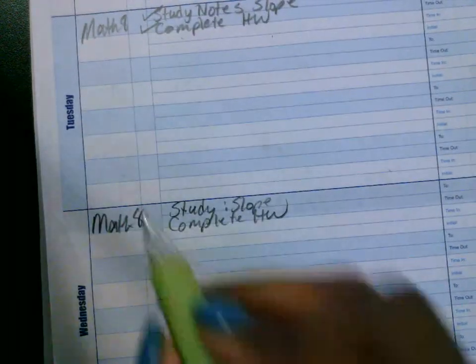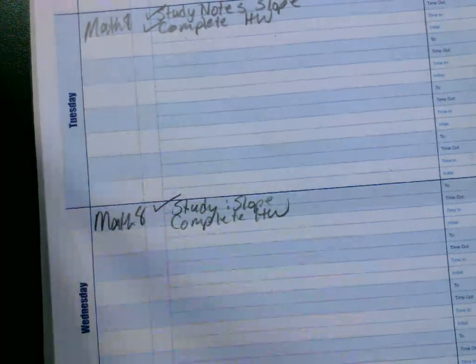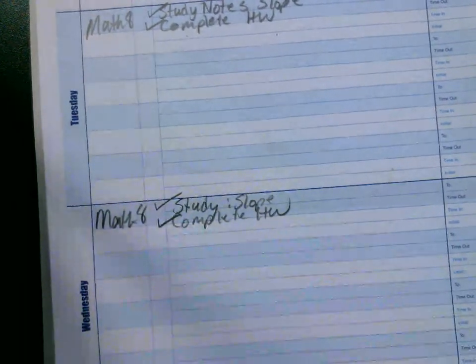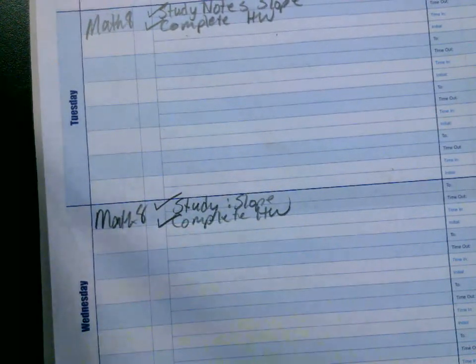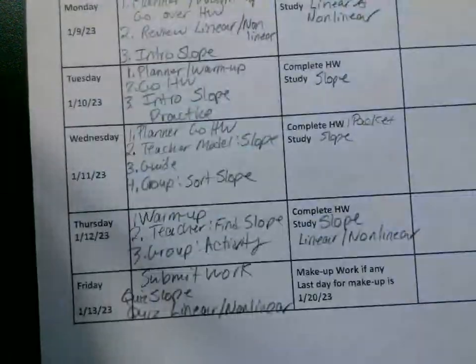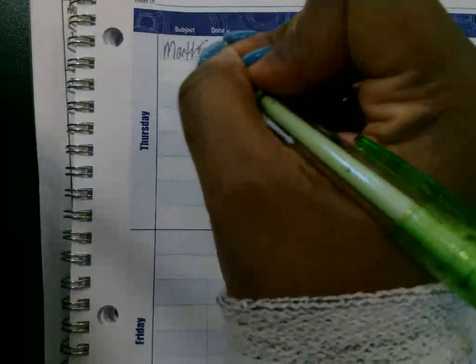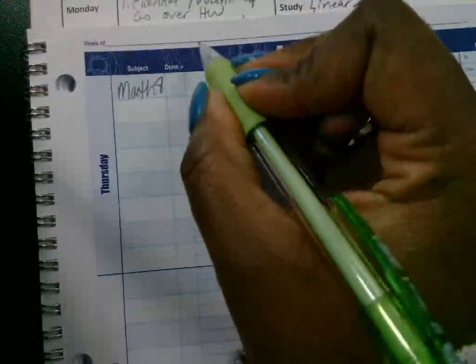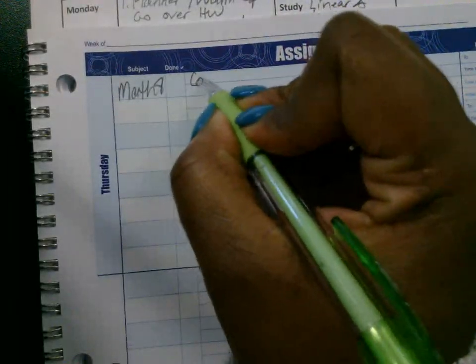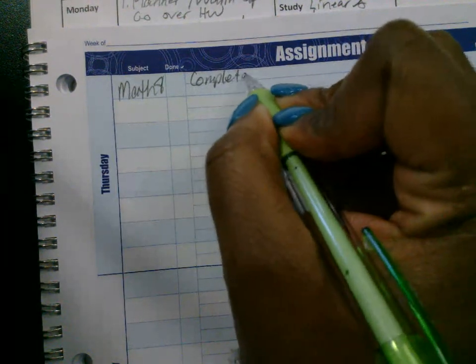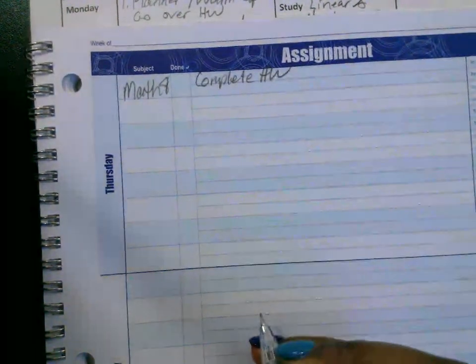Okay. All right, Wednesday. If you studied slope, check it off. If you completed the homework last night, please check that off also. Thursday's homework: I need you to complete the packet. Make sure that your homework is completed.